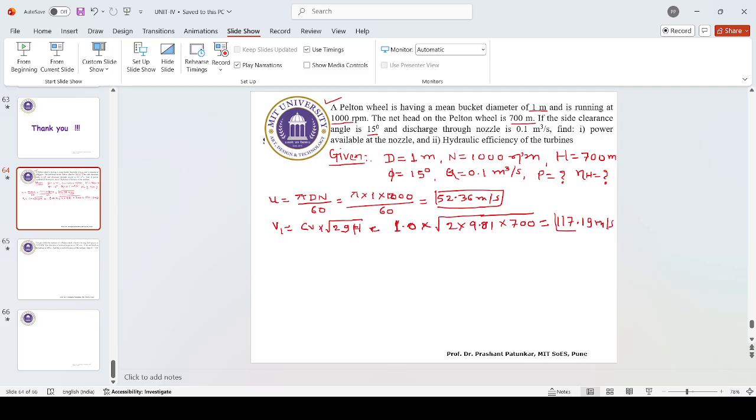So I have calculated the velocity of the bucket, u, and the velocity of the jet, capital V1.